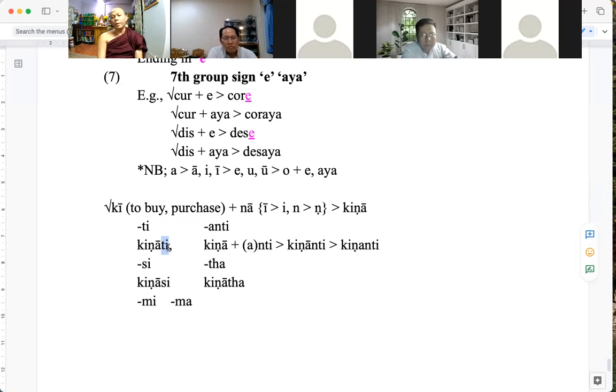So he buys or he purchases. The same way, kinanti, nti can denote person and number. So that is third person plural, the subject we can understand: they. So they buy, they purchase. The same way, si is second person singular. So that is why kinasi means you singular buy. And kinatha is second person plural. So kinatha, you plural buy.